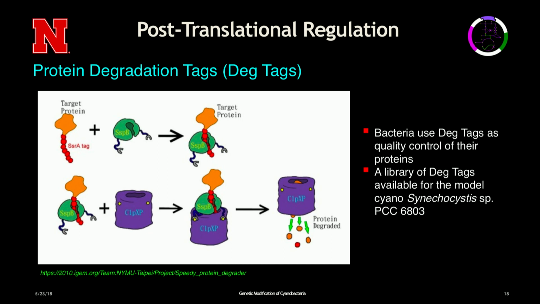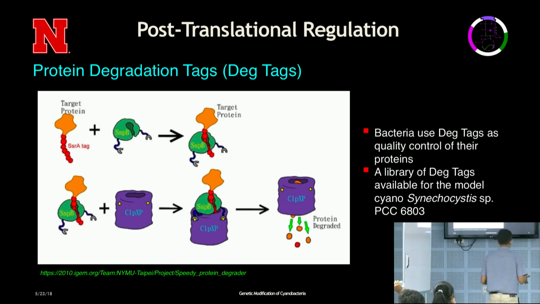So, you made a protein in your system, and then by tagging the protein you can make sure that it gets degraded. So, if for a certain gene you want to down regulate, or you do not want any product as such, this is one of the ways you can control that at the protein level.